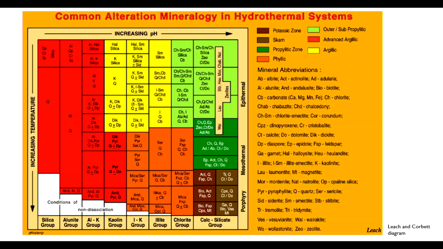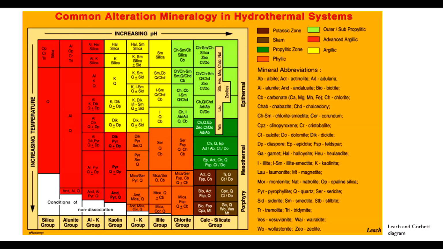So here's a complicated diagram that doesn't really matter until we get to the intensive school, however that works. But we start to look at alteration products and think about what conditions they formed at.